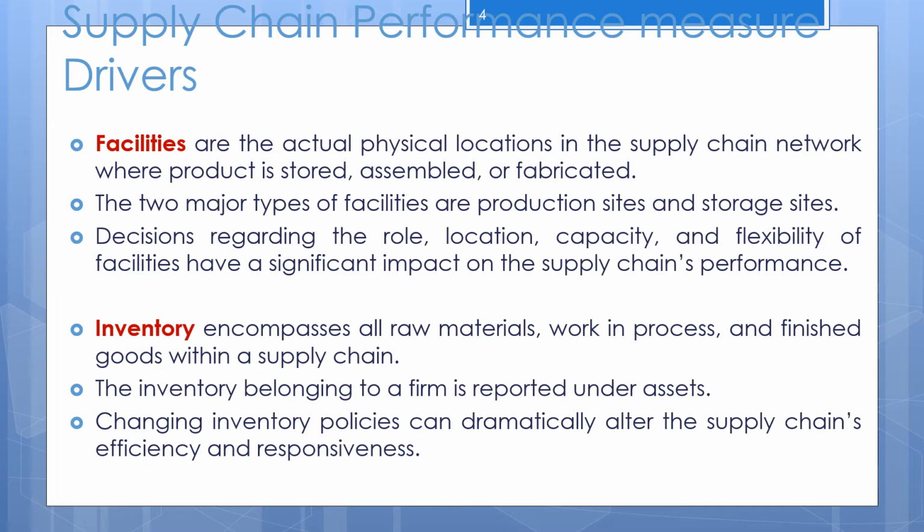For a supply chain, throughput, which is the rate at which the sales occur, if inventory is represented by, say, I, that is, inventory is I, flow time is T, and throughput is D. So these three things can be related using the equation I = D × T. Where I represents inventory, T represents the flow time, and D represents the throughput, which is nothing but the rate at which the sales occur.